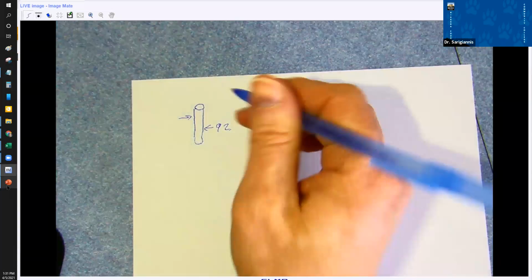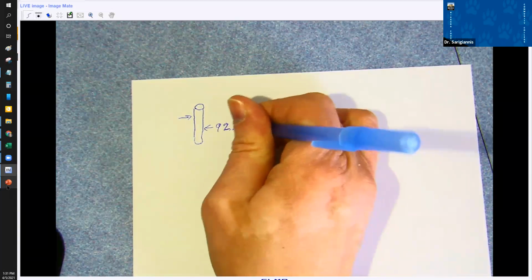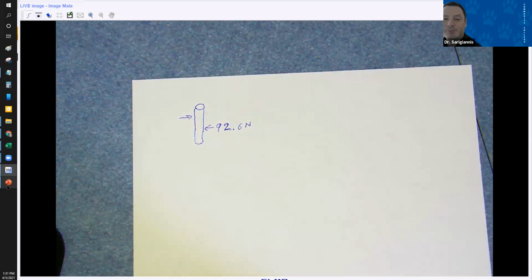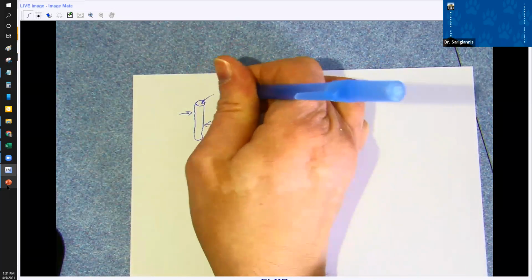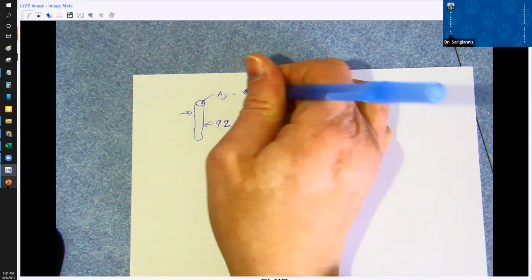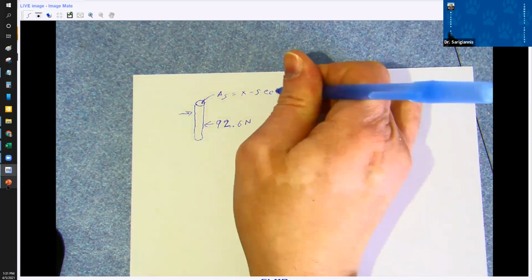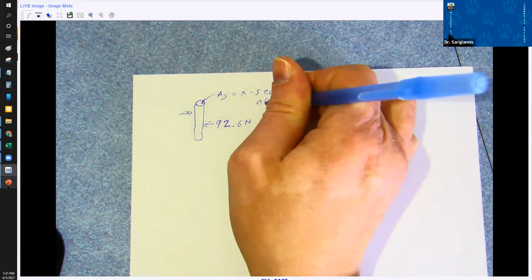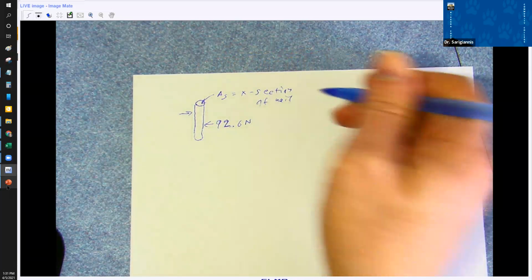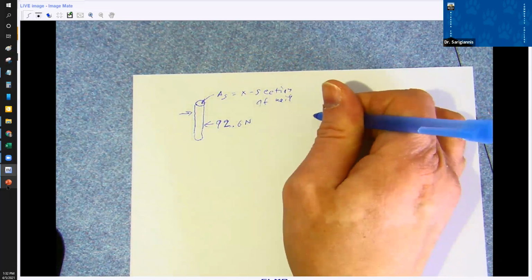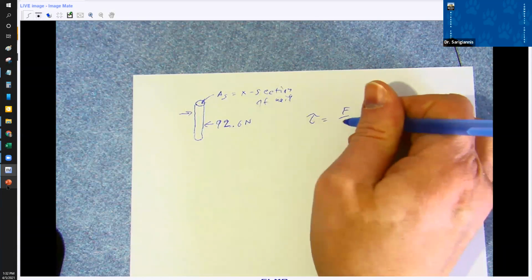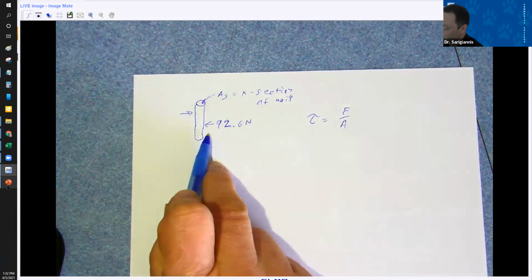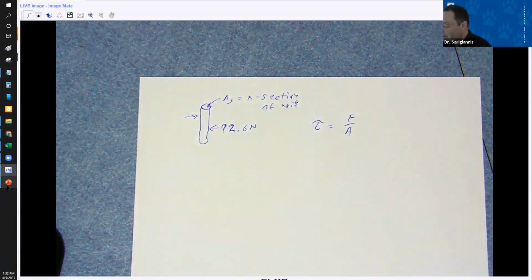So the area for shear is the cross section of the nail. Remember, force over area gives you the shear stress in that nail.